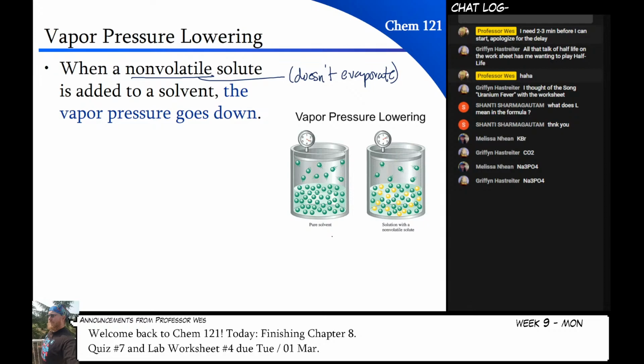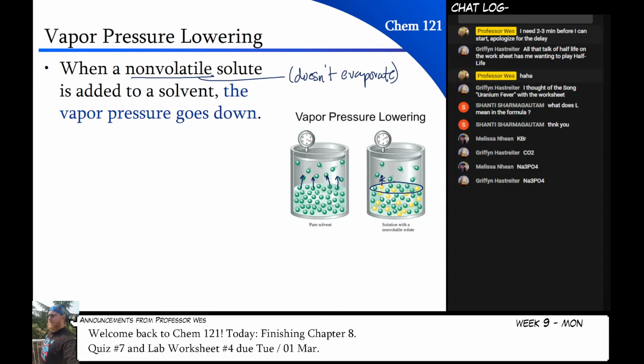And the reason for this is because if we look at the surface here, when things evaporate, they can only do so by leaving from the surface. If the surface is entirely solvent, every position on the surface layer is available for a molecule to potentially leave and enter the vapor phase.